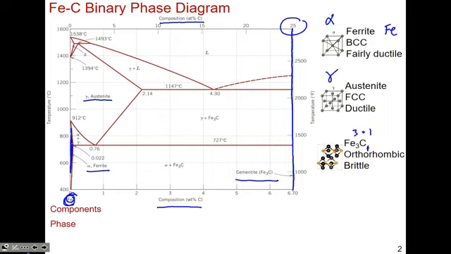Okay. So, see, 6.7 might not mean anything to you, but if you look at the stoichiometry down here, that would make more sense to deal with the compound this way, okay? So if I said 6.7 weight percent carbon, I also just told you it's Fe3C.